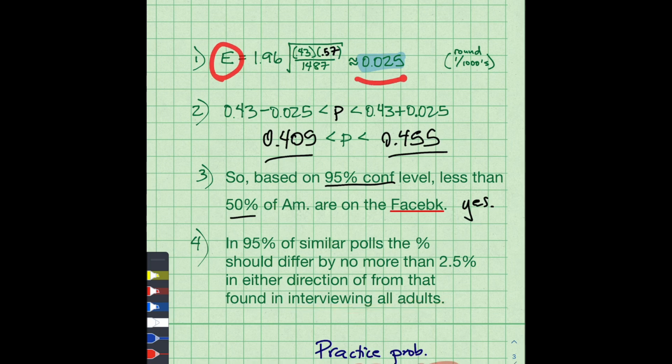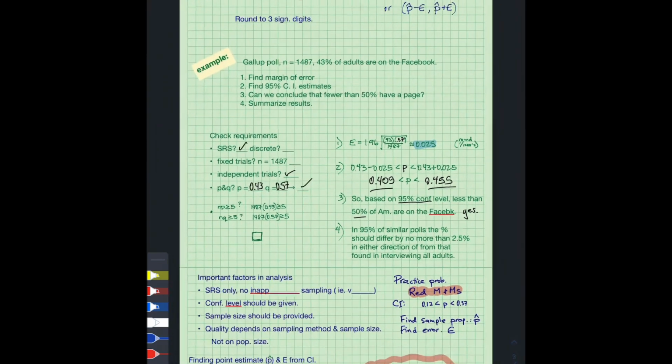So this error should capture the actual p-value. Again, what's the connection here between the 95% and the 2.5? Well, notice that's 1.96.